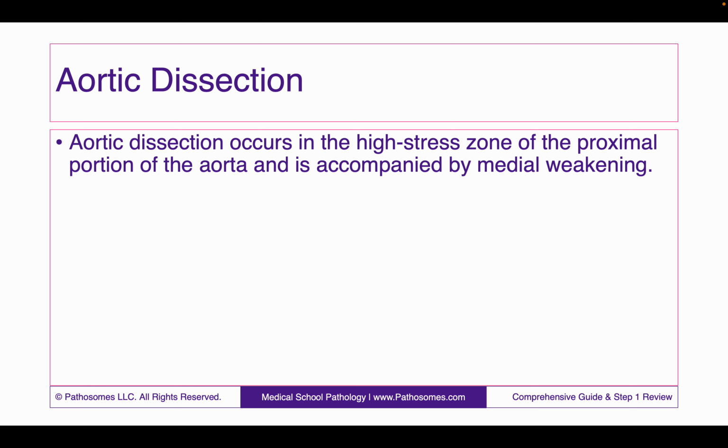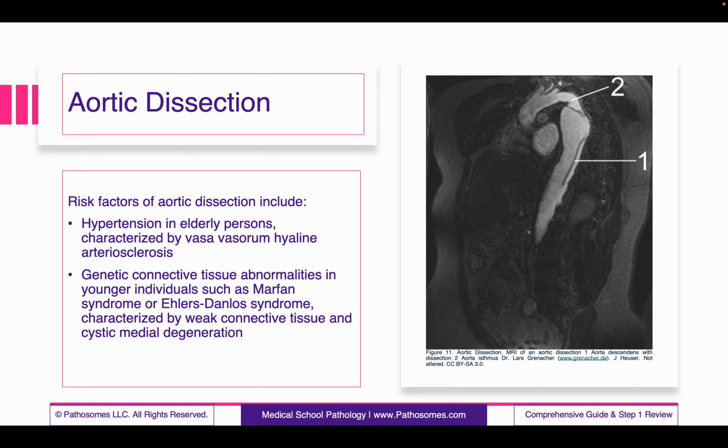Aortic dissection occurs in the high stress zone of the proximal portion of the aorta and is accompanied by medial weakening. Risk factors of aortic dissection include hypertension, especially in elderly patients, which is characterized by the vasa vasorum hyaline arteriosclerosis.